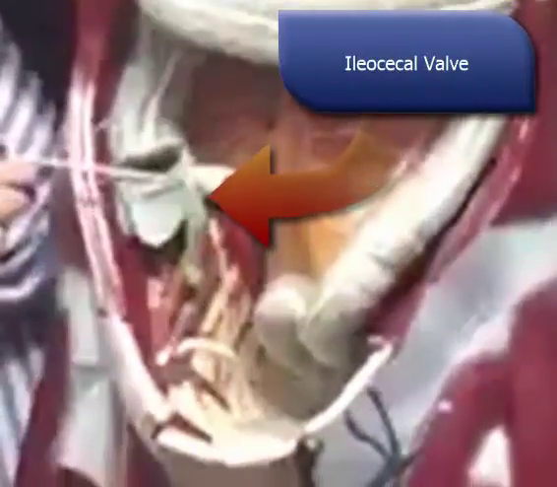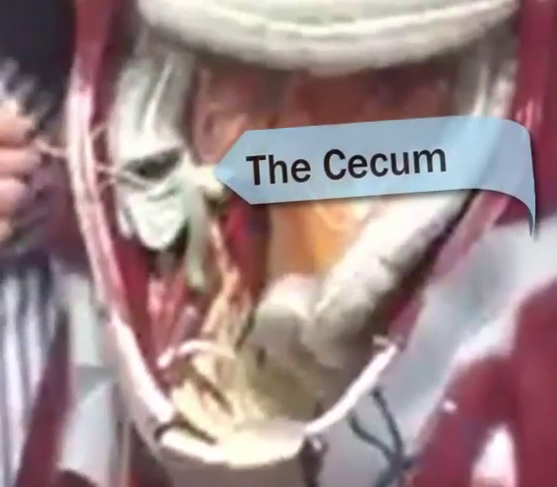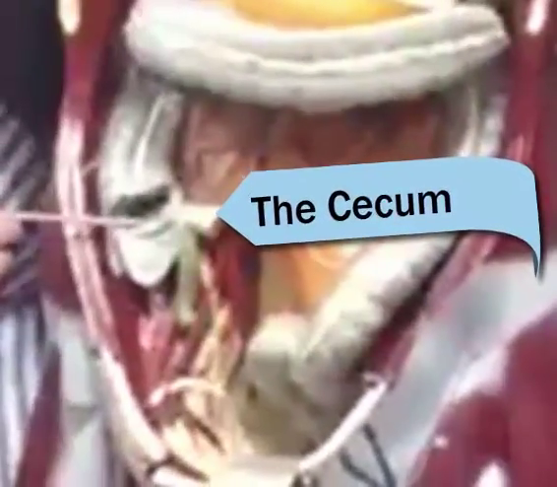The ileocecal valve, in this particular one, this is part of it. It's actually going to come just through this structure, the ileocecal valve. Okay. This entire area right here that's been peeled away so you can see it, this is the cecum. The cecum is the first area of the large intestine.